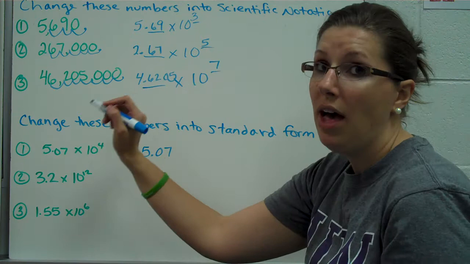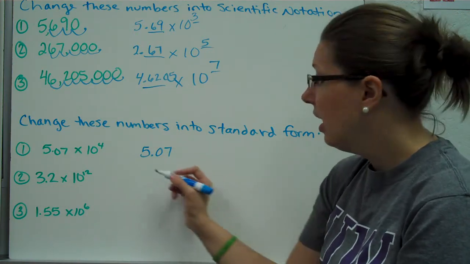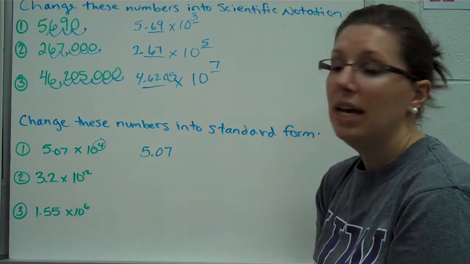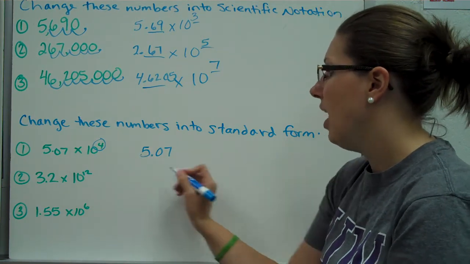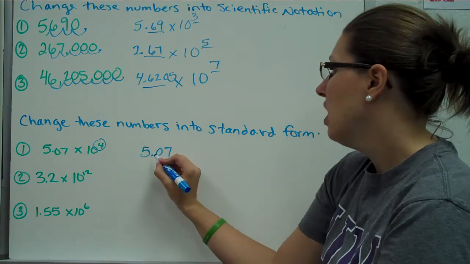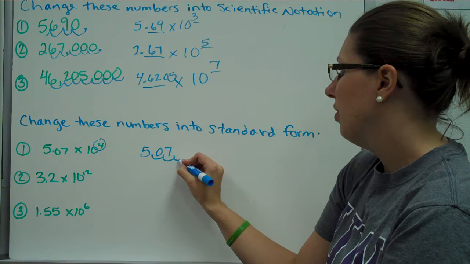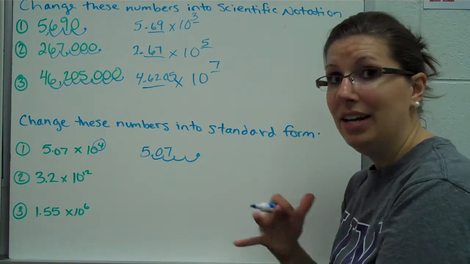I was moving to the left before, and now I'm going to take the decimal, move it to the right, however many places it's telling me to move. So I'm going to move it 4 places to the right, and my end result is my final answer. 1, 2, 3, 4. And that's where my decimal is going to be at the end of my number.